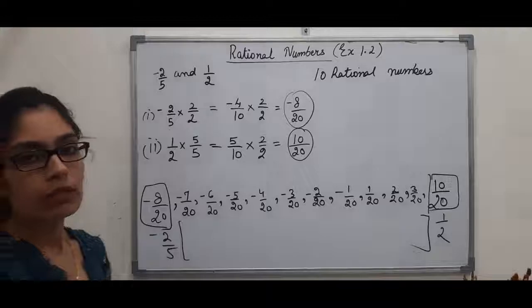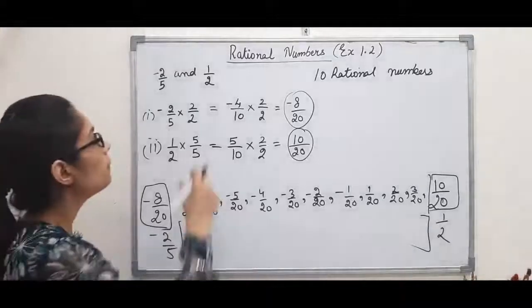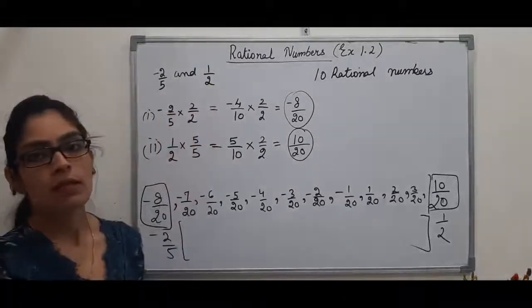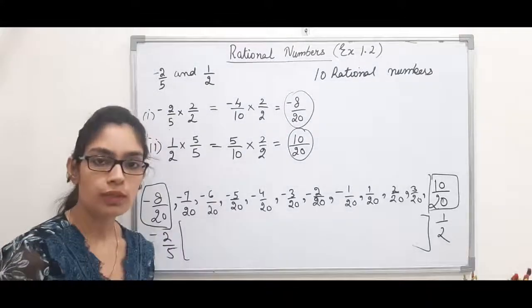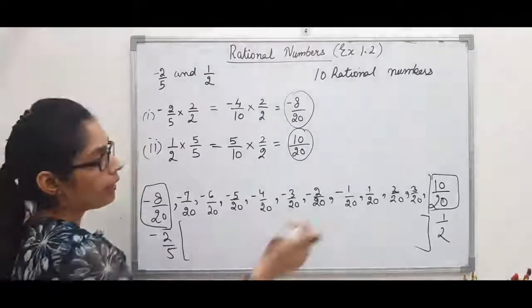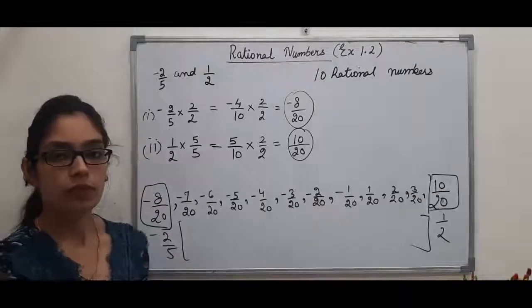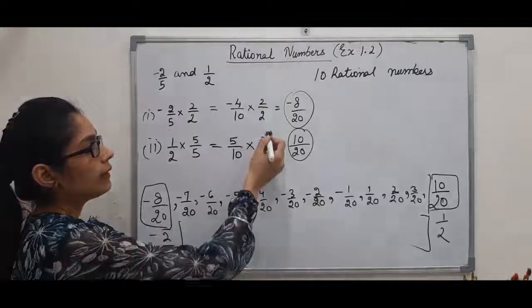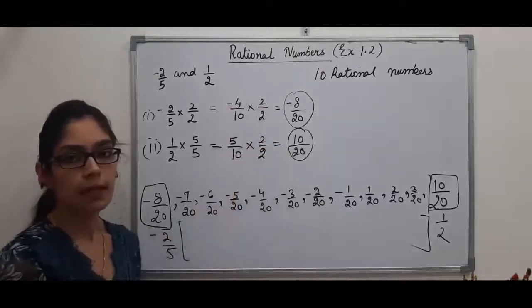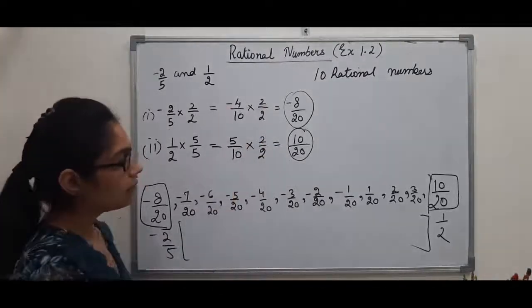Anytime you have to find rational numbers between two rational numbers, first of all you have to make the denominators of both the numbers same, then you can write down the numbers. And if you are not getting the required numbers, then again you can multiply and divide those numbers with the same number, and then you can write it in this way.